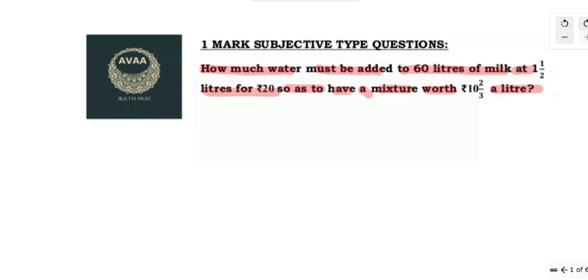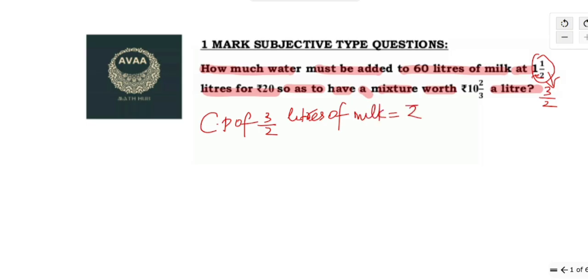Let's think about our cost price of 1 liter of milk. The cost of 1.5 liters has been given. This can be converted to an improper fraction. 2 times 1 is 2, 2 plus 1 is 3, so 3/2. Cost of 3/2 liters of milk is 20 rupees.